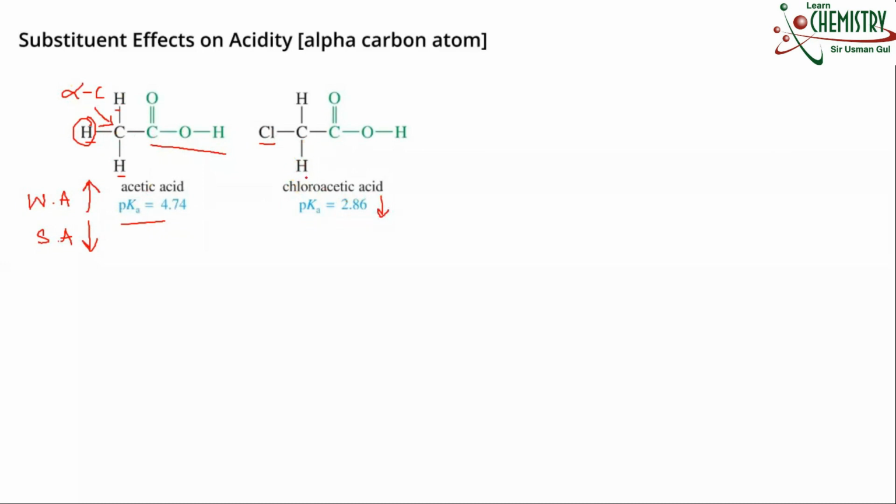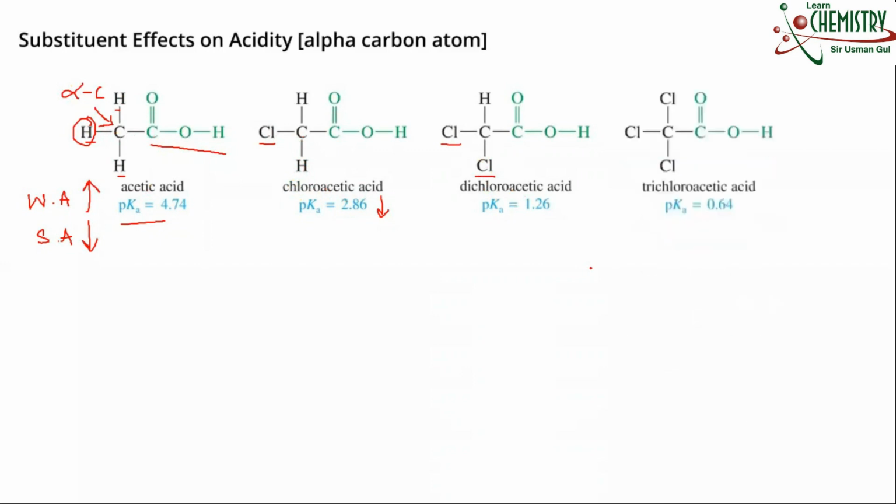If I replace another hydrogen, the pKa value decreases again, because now we have two electron withdrawing groups. And if I replace the third one also, you can see a very huge change in pKa. Now the pKa value is very low, which means this one is the strongest acid.